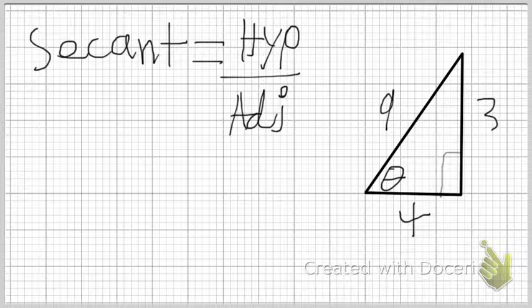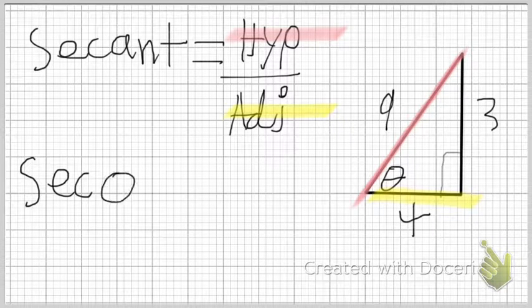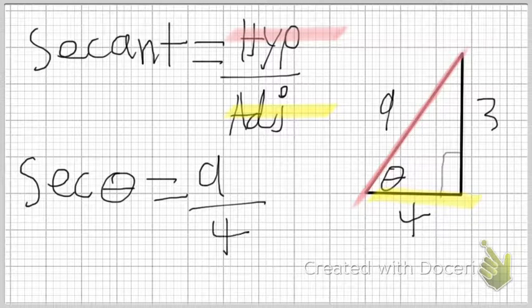So the hypotenuse is 9. And the adjacent is 4. So secant of theta equals 9 over 4, which is the reciprocal of cosine.